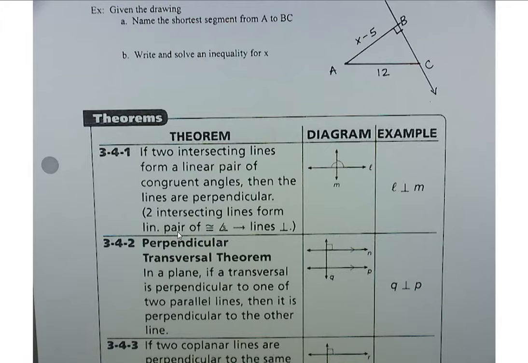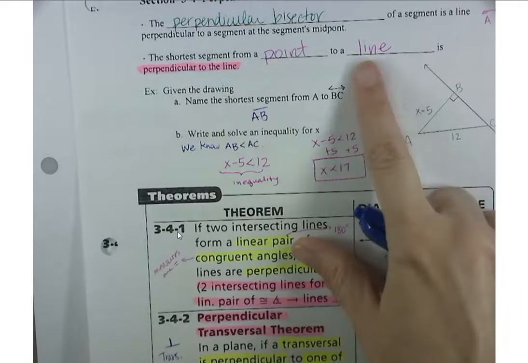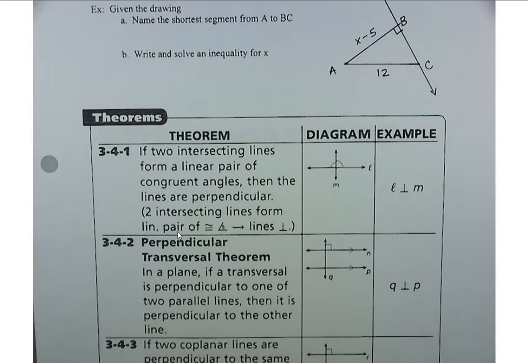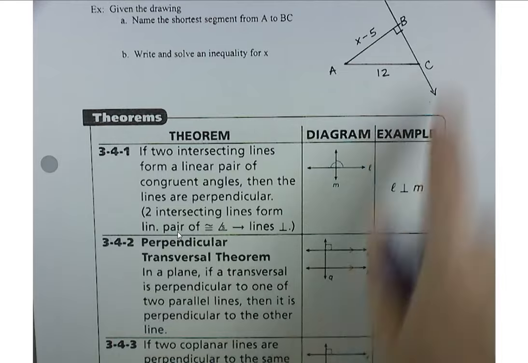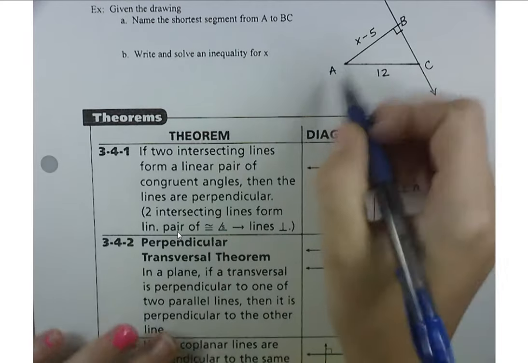Okay, so the first thing it says is name the shortest segment from A to BC. Well, we just talked about the shortest segment from a point to a line is going to be perpendicular to the line. So, Ella, based on this drawing, which segment is perpendicular to our line? AB. AB, right? And you really had two choices.